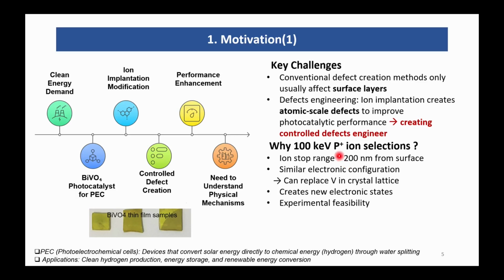Phosphorus has a similar electronic configuration, meaning it can replace vanadium in the crystal lattice of bismuth vanadate, and it can create a new electronic state. Phosphorus is also a very common element available at the accelerator in Poland.